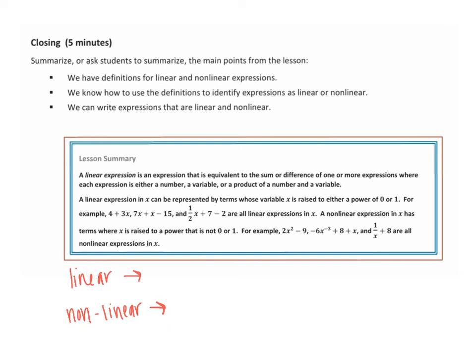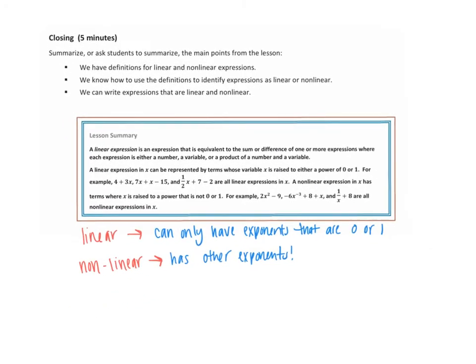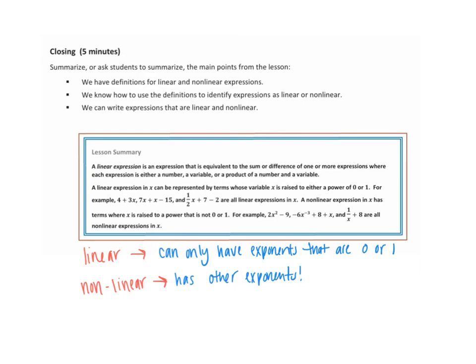Linear expressions can only have exponents that are 0 or 1. And if it's nonlinear, it has any other exponent. That could be negative, that could be 2, really close, right? Could be -1. So keep in mind that nonlinear has any other exponents.